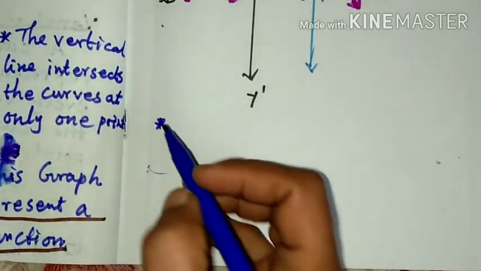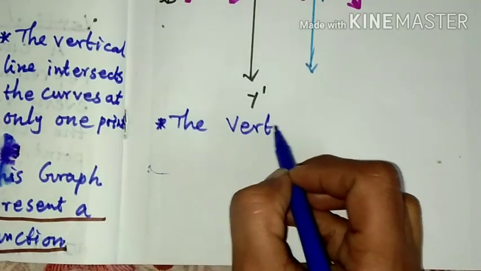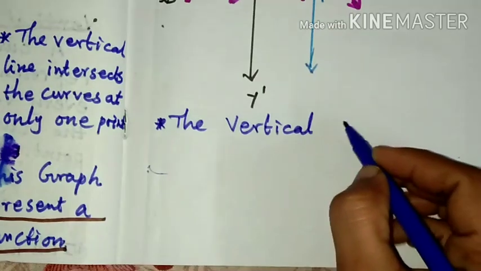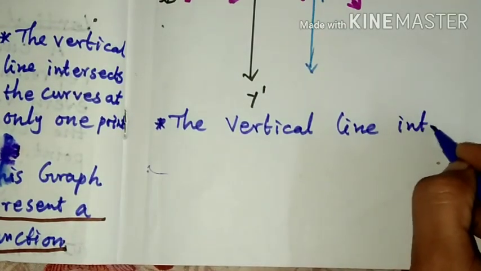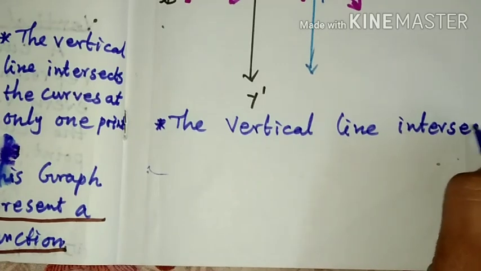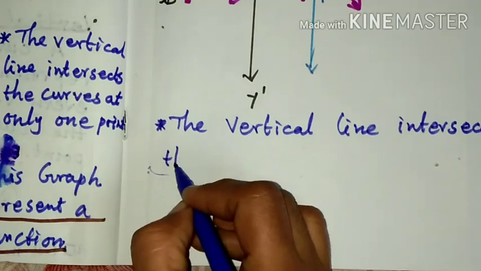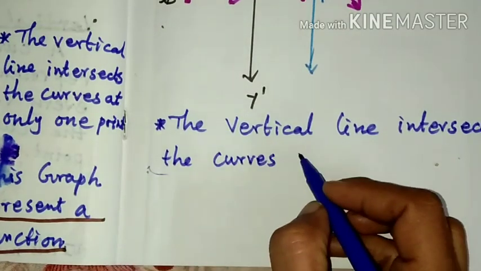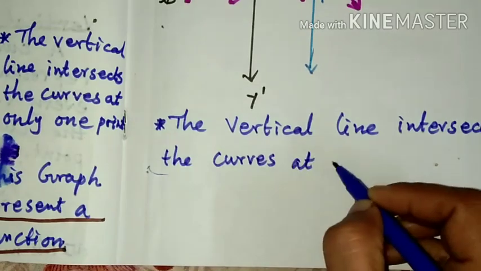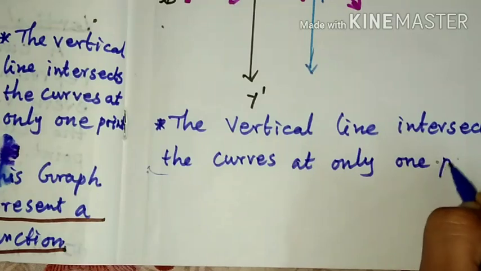Answer. The vertical line intersects the curve at only one point.